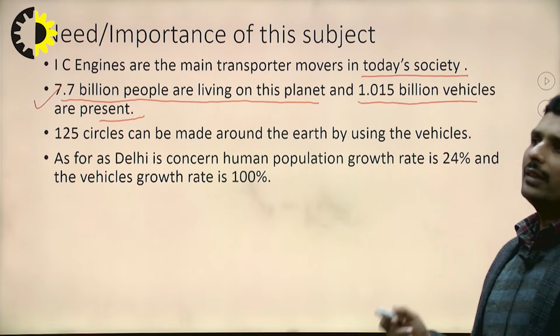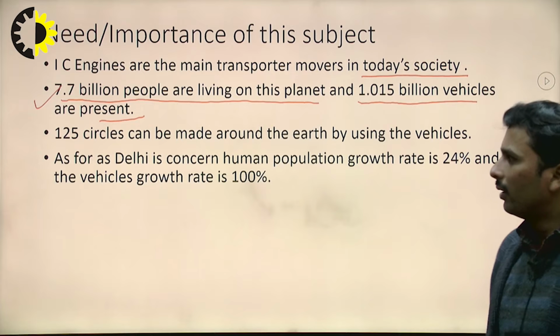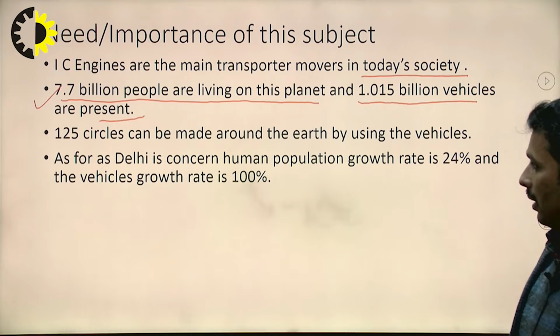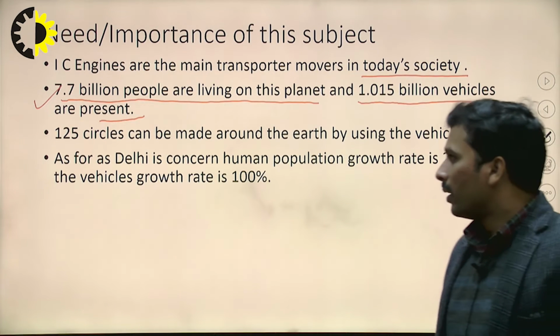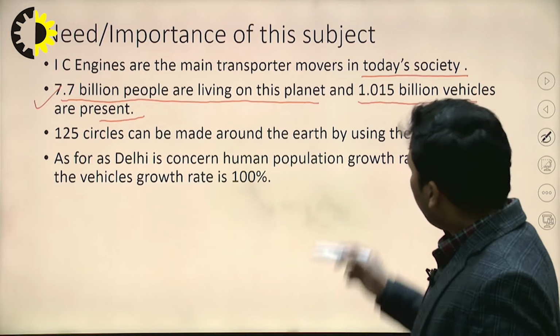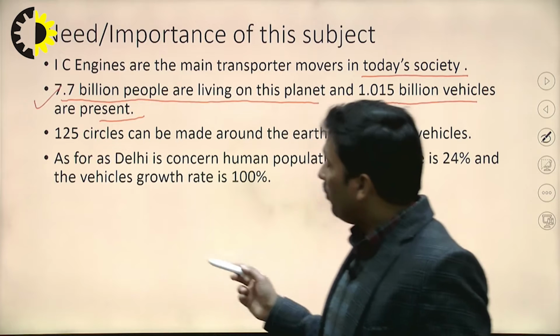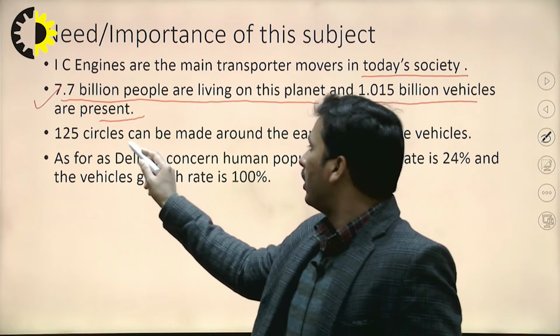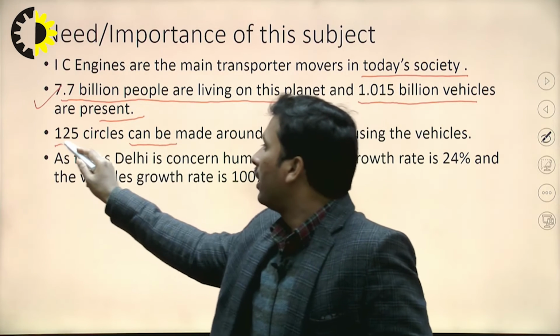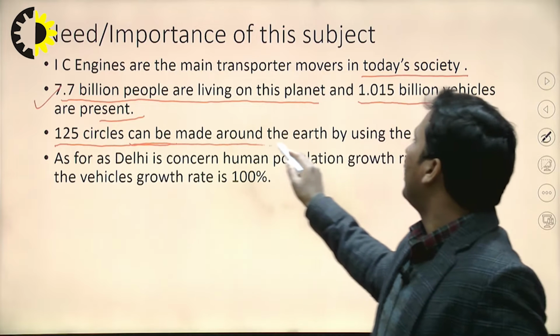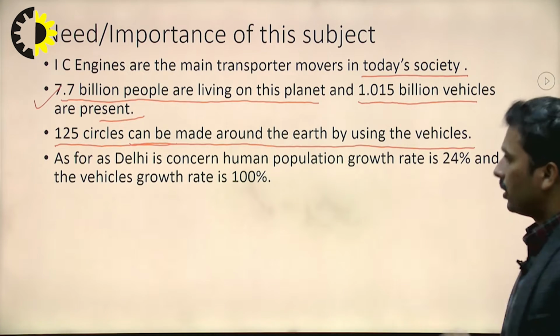You can understand the importance of the vehicle in the life of human beings. If we make circles around the earth, approximately 125 circles can be made using these vehicles.